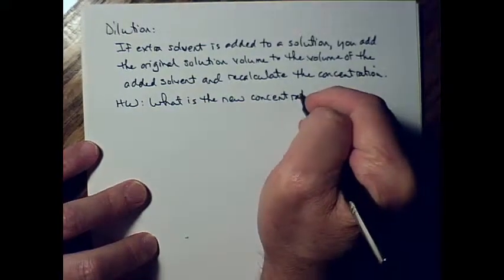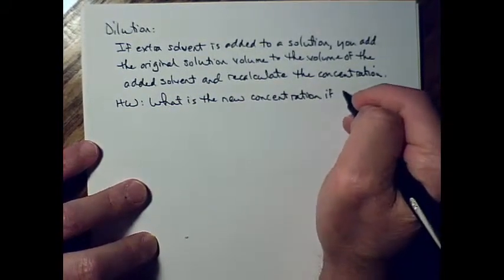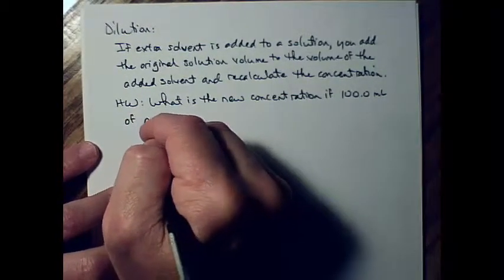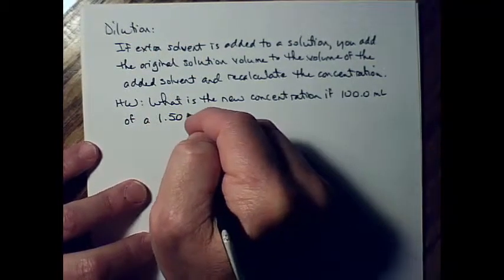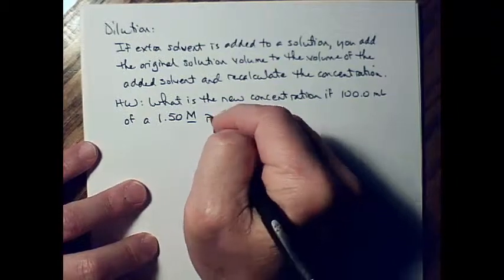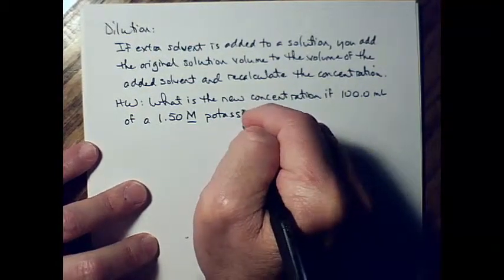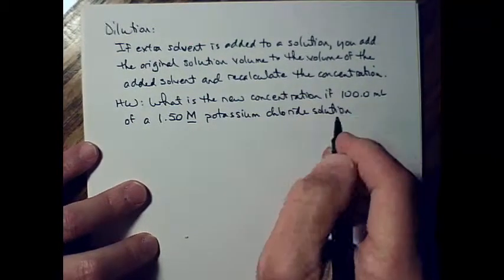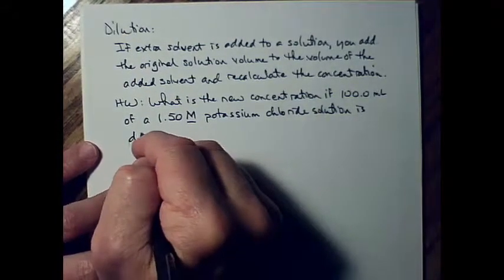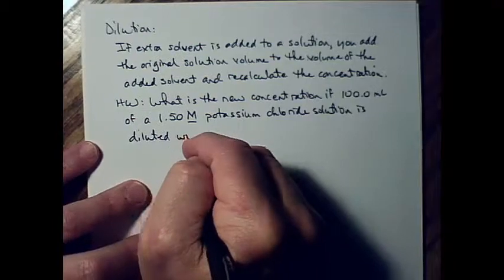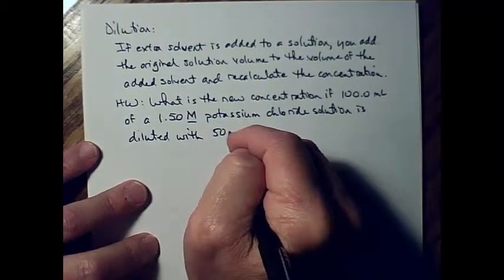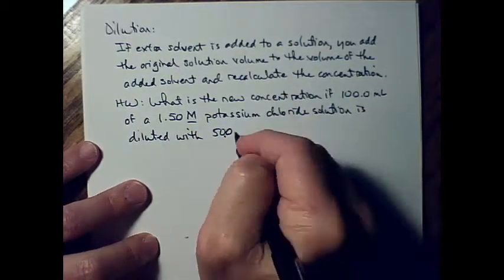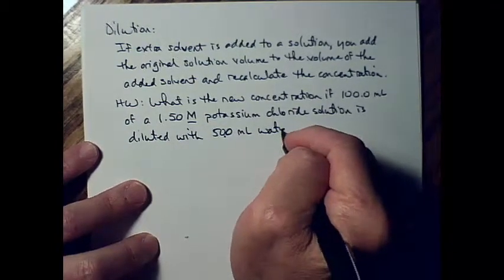What is the new concentration if 100.0 milliliters of a 1.50 molar potassium chloride solution is diluted with 50.0 milliliters of water?